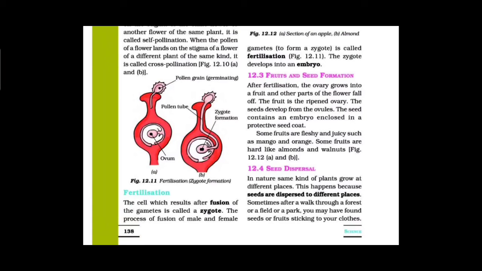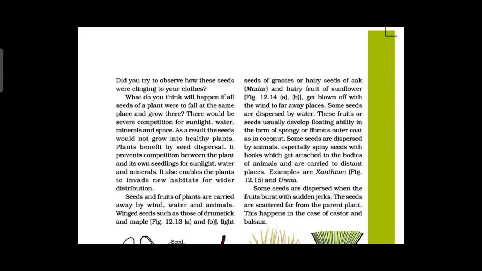Okay. Then seed dispersal. In nature, the same kind of plants grow at different places. This happens because seeds are dispersed to different places by air or by animals.